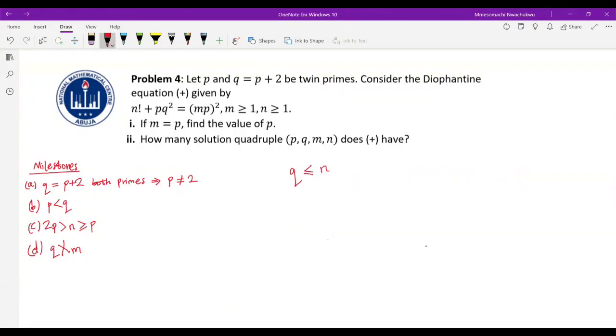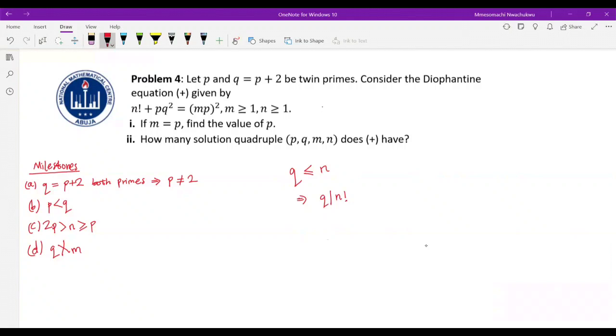So when you're counting numbers from 1 to n, suppose you count q first. What does that imply? It implies that q will divide n factorial.